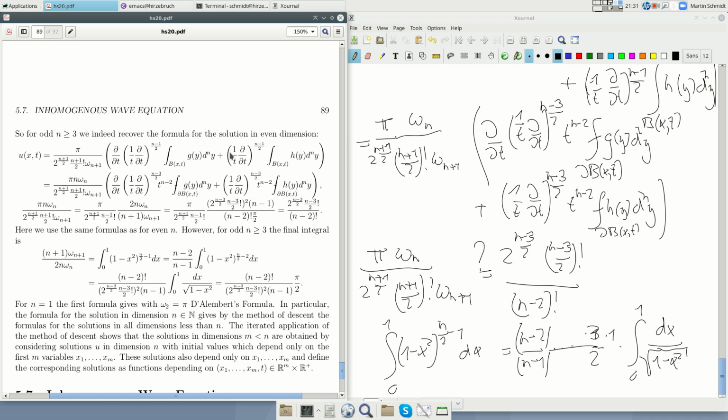But here this becomes 0, and then we can calculate this derivative very easily in dimension 1, because we use again polar coordinates and the fundamental theorem of calculus, and then we see we really recover in one dimension D'Alembert's formula.